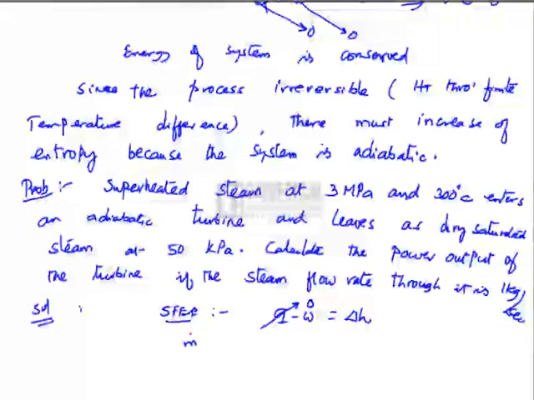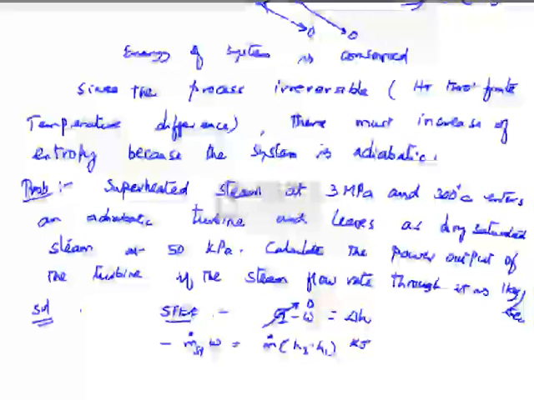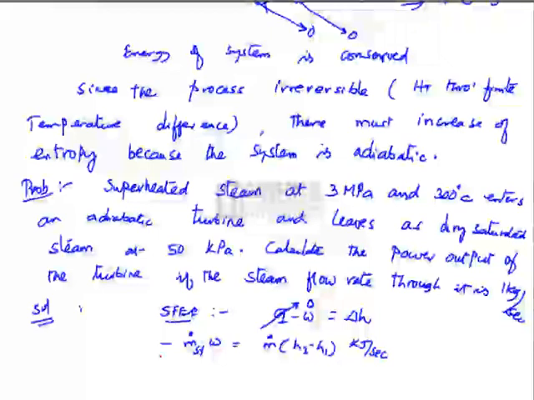Multiplying both sides with the mass flow rate of the steam, W is equal to m dot into H2 minus H1. If enthalpy is in kilojoule per kg, the product of m dot into delta H is in kilojoule per second. Mass flow rate of the steam is in kg per second.